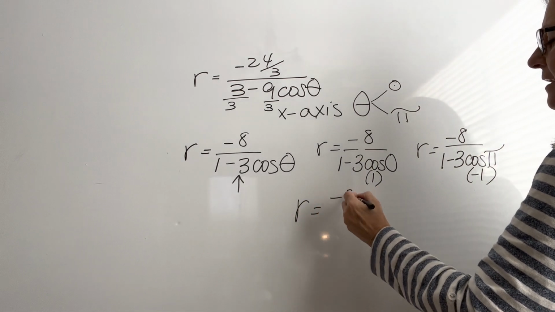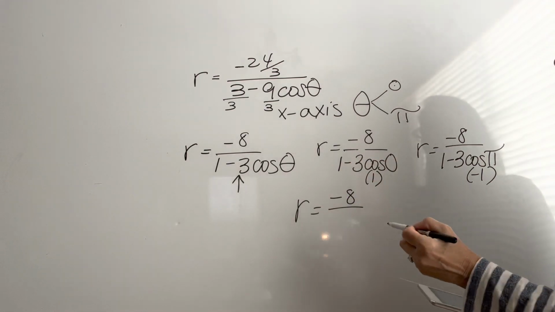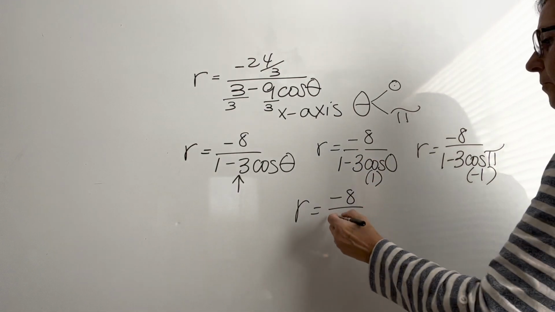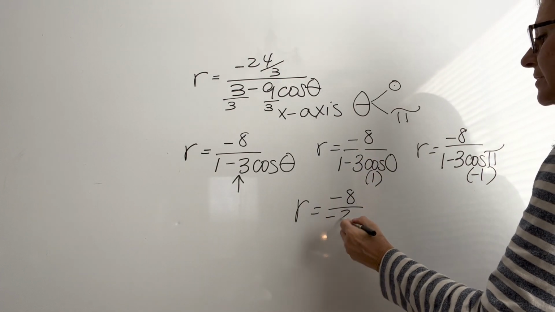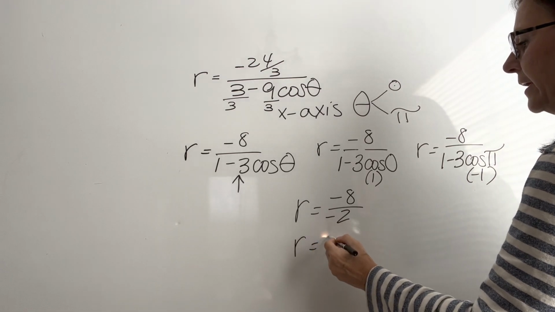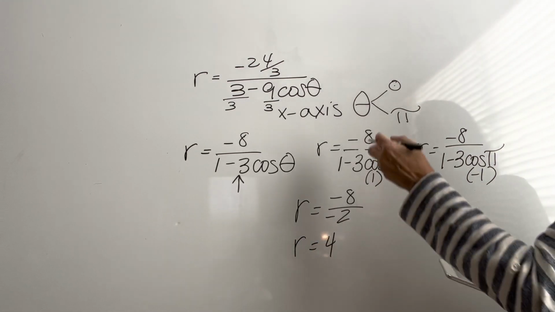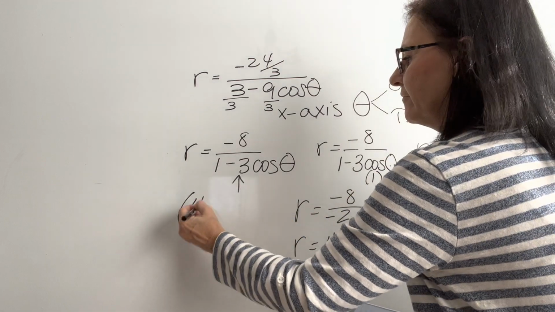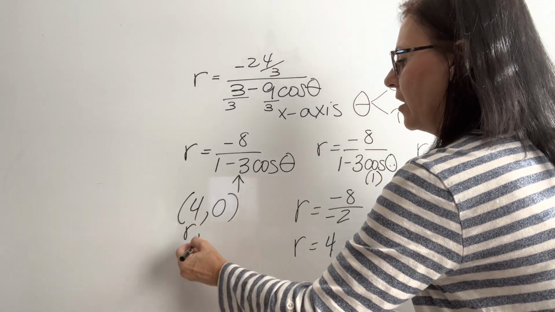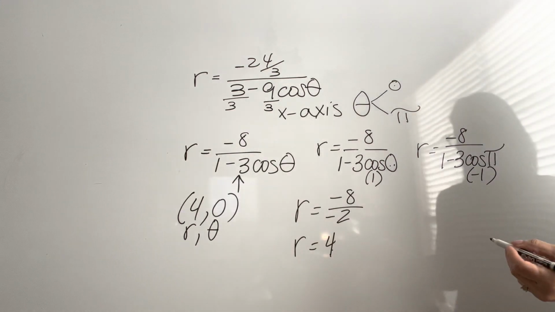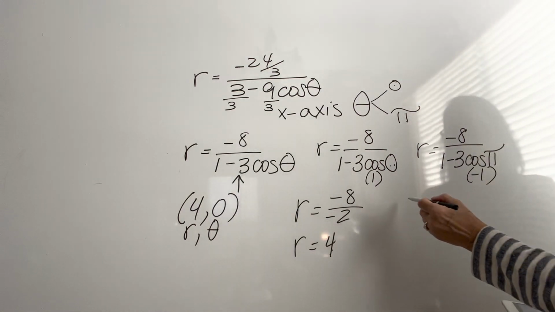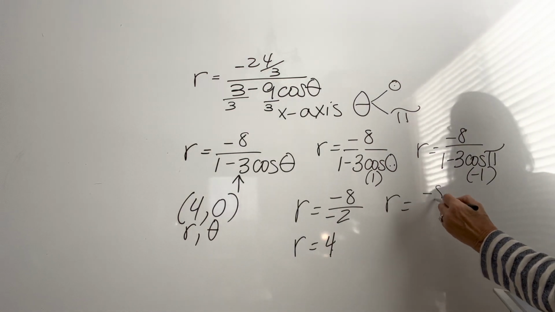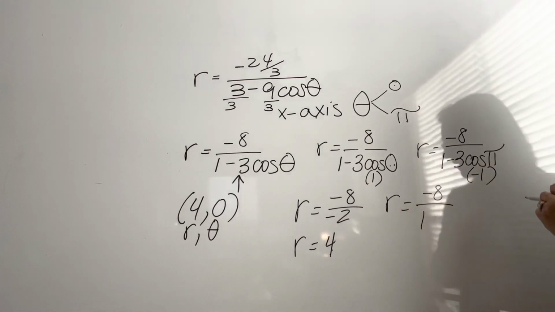So r is negative 8 over 1 minus 3, which is negative 2. So r is 4. So we have 4, 0. That's r theta that we can plot. Here we have r is negative 8 over 1 minus a negative, which is a positive.